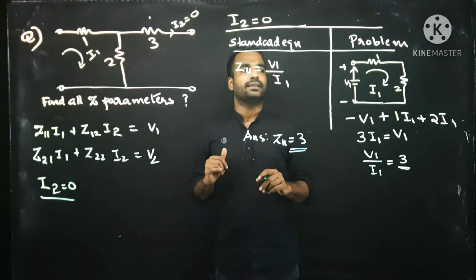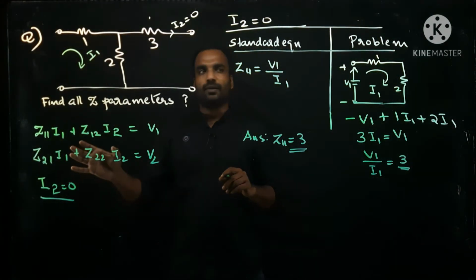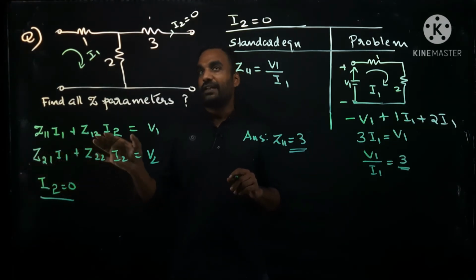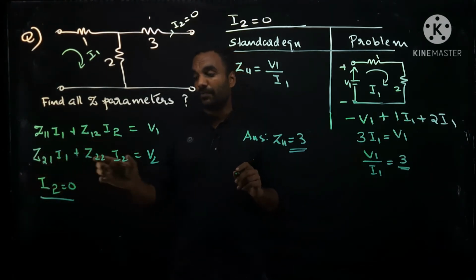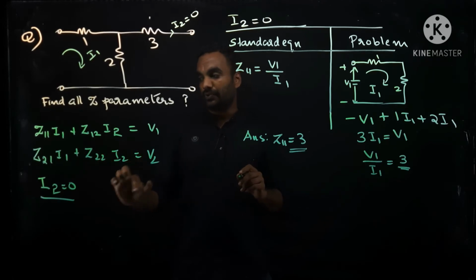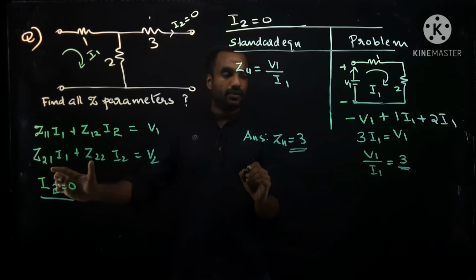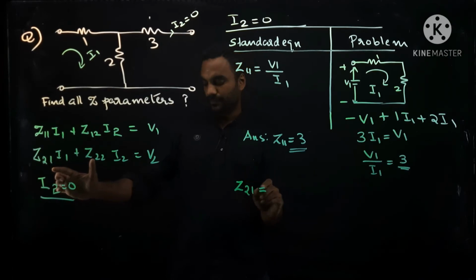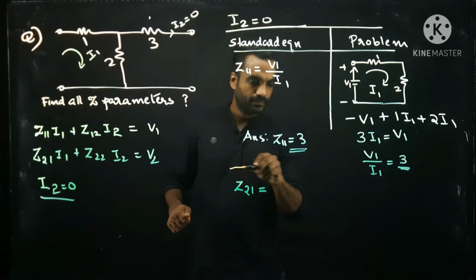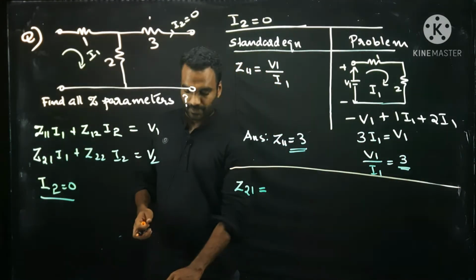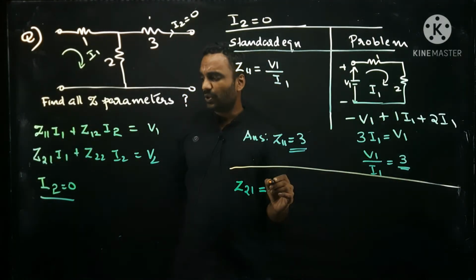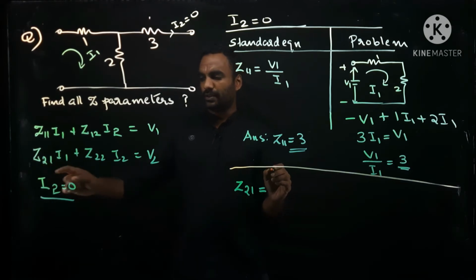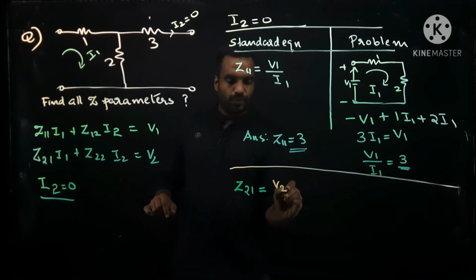Now one more thing is there. We have to calculate the next thing. From the second equation we will get that when I2 is equal to 0, Z21 is equal to V2 by I1.